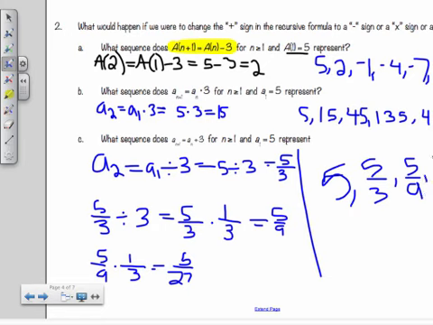I want you to think about what the next term is going to be in your sequence. If you notice, the denominator is getting tripled each time. So you should end up getting that 5/81 is the next term in your sequence. And we could keep going, but I think that's enough, and we'll just say dot, dot, dot to indicate that it keeps going. So after these examples, hopefully recursive formulas make a little bit more sense.